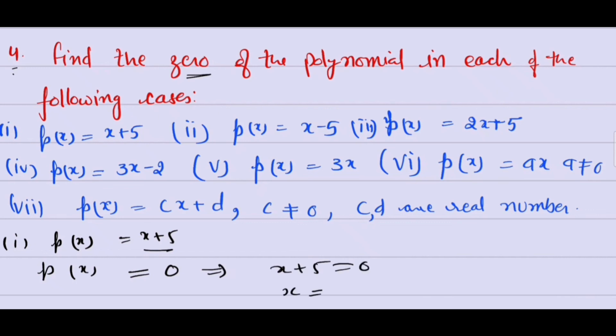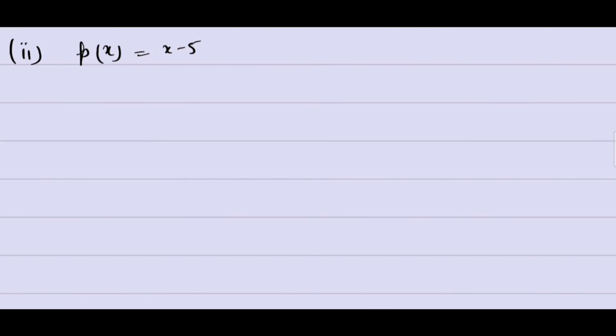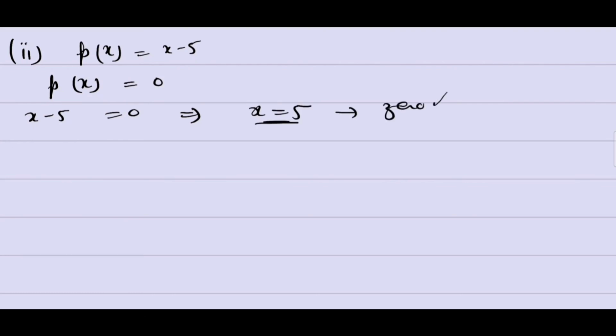So this will become minus 5. So the 0 of this polynomial is x is equal to minus 5. So next question here we have p(x) is equal to x minus 5. So here again we have to equate this with 0. So I'll get x minus 5 equal to 0. This implies x is equal to 5, and this is the 0 of p(x).